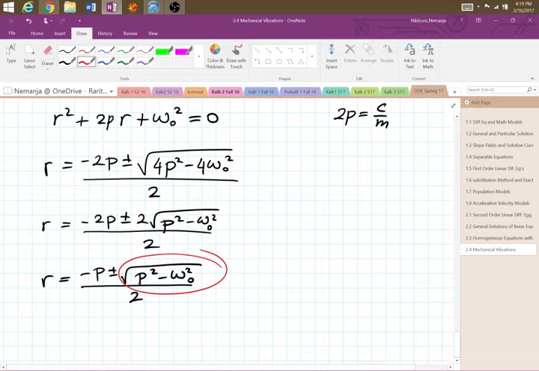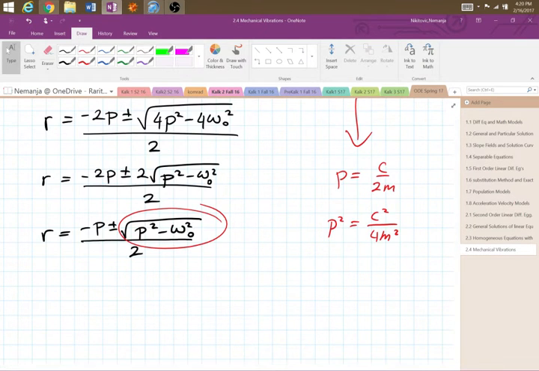And by the way, from here, p is equal to c over 2m, which means that p squared is c squared over 4m squared. So when we are talking about only the discriminant, it's c squared over 4m squared minus omega 0 squared equal to 0.